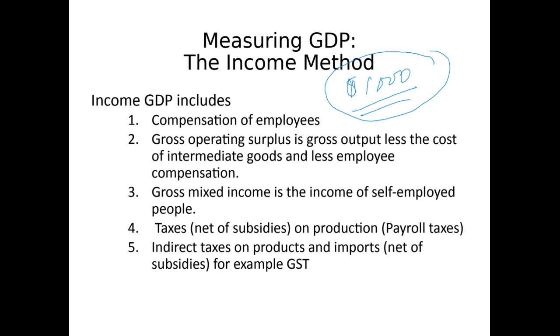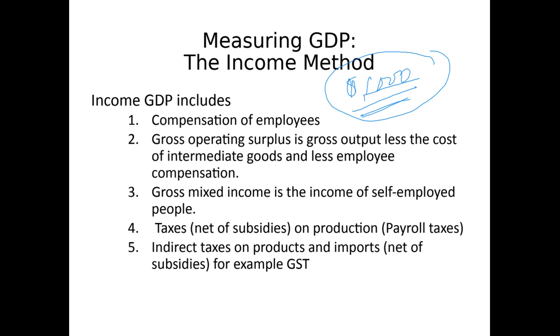But this $1,000 is not the income of the producer of this computer. Why? Because this $1,000 includes sales tax. The price, apart from sales tax, also already includes other taxes, what we call taxes on production, for example payroll tax, other government duties, and taxes.